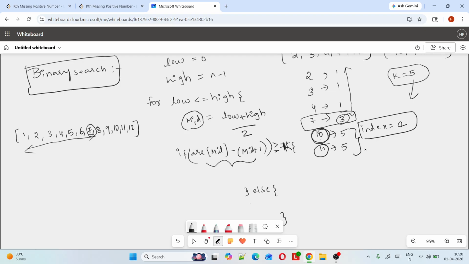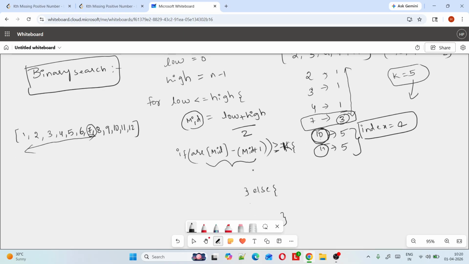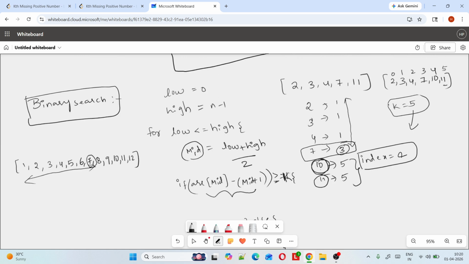You will calculate this, and since you have to find the first index, our first index will be 10, but here we got index 5. When you calculated mid, we got the index as 5, and we satisfied this condition.